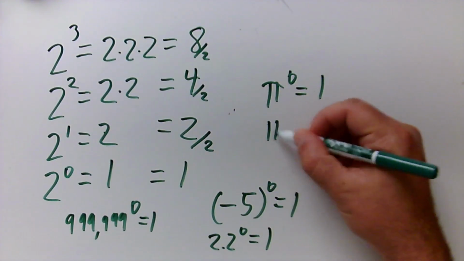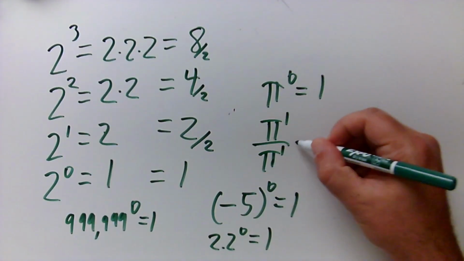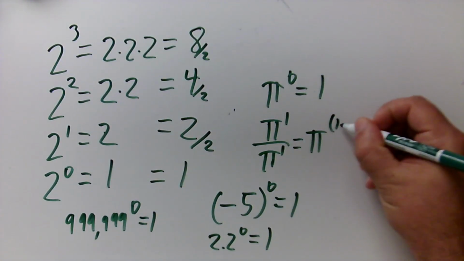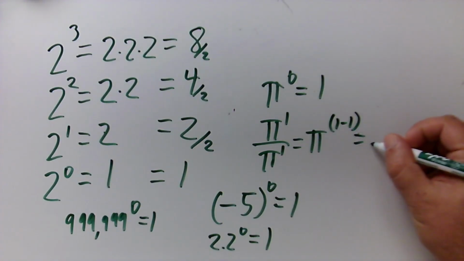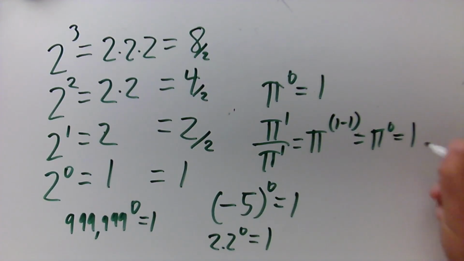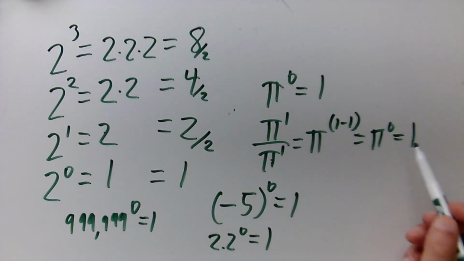Because we use the division rules. Pi to the 1 divided by pi to the 1 equals pi to the 1 minus 1, which is equal to pi to the 0, which is also equal to 1, because pi divided by pi is going to be equal to 1.